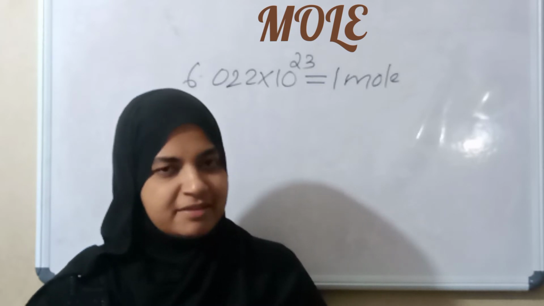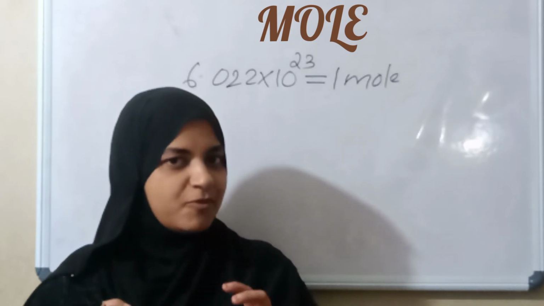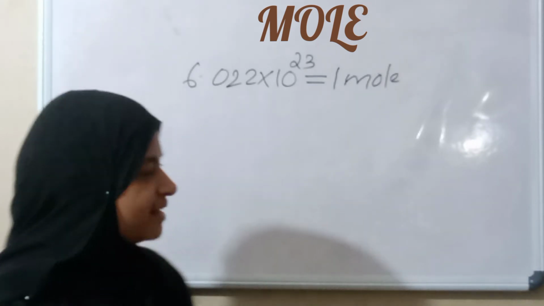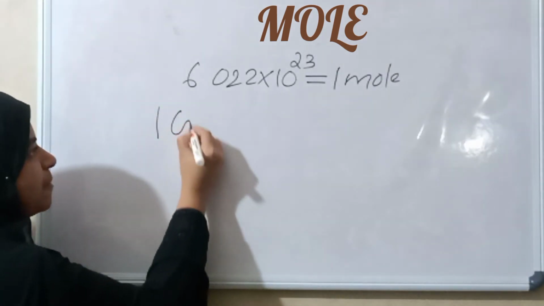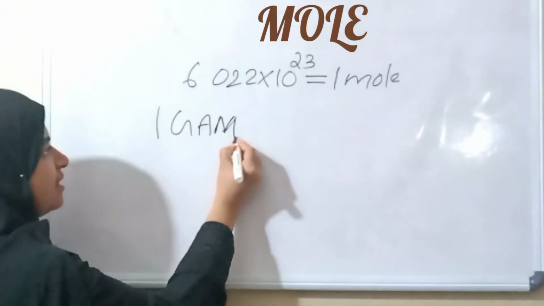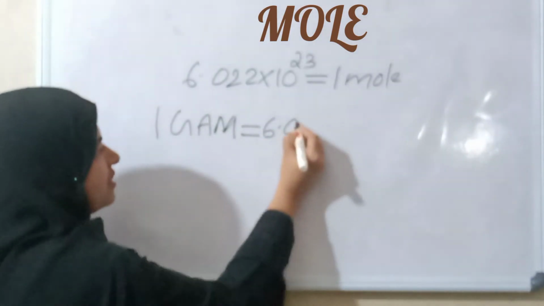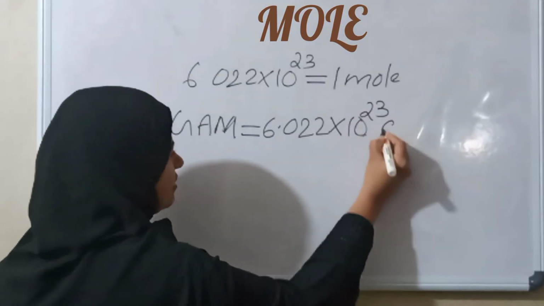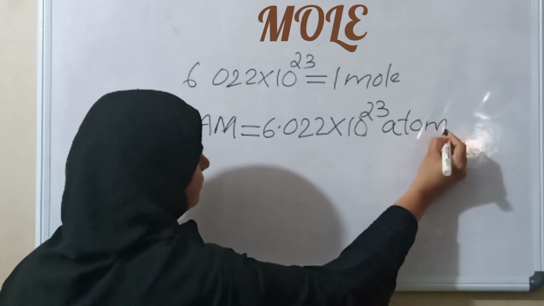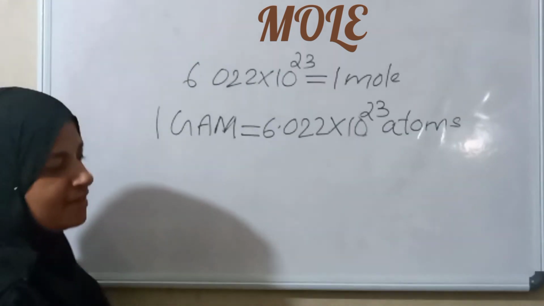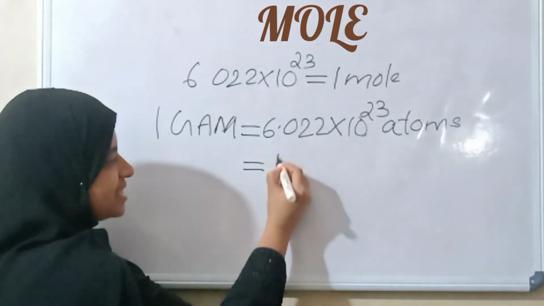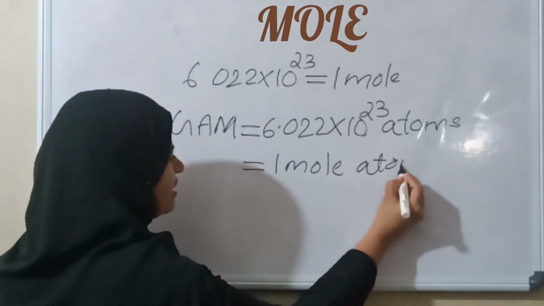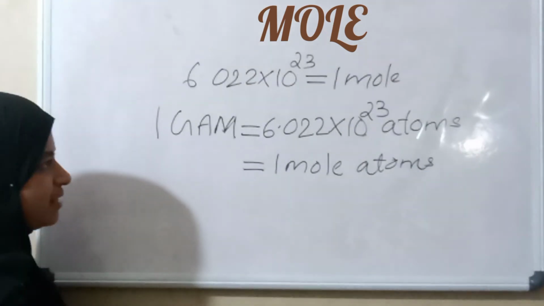Okay? Then this term 1 mole is related to our topic. That is, we said that 1 GAM of any element contains 6.022 × 10^23 atoms. This can be written as 1 mole of atoms of that element.